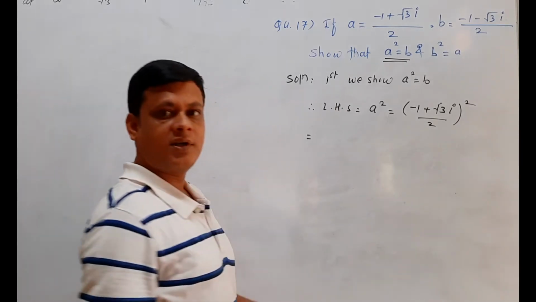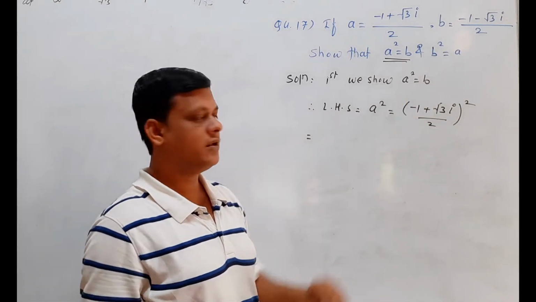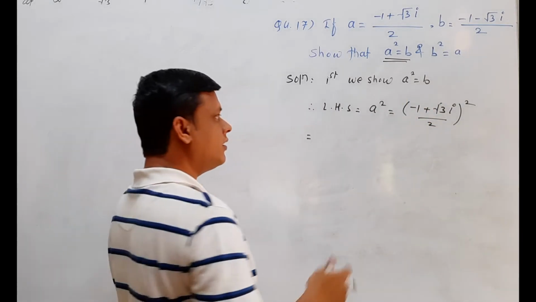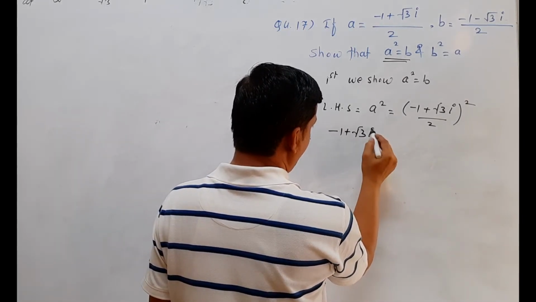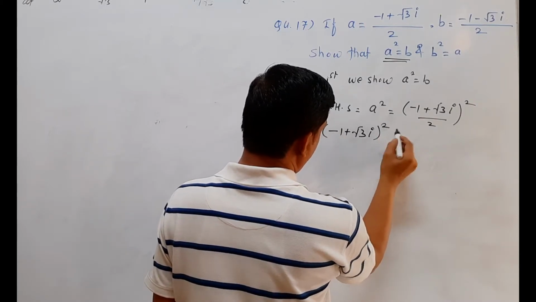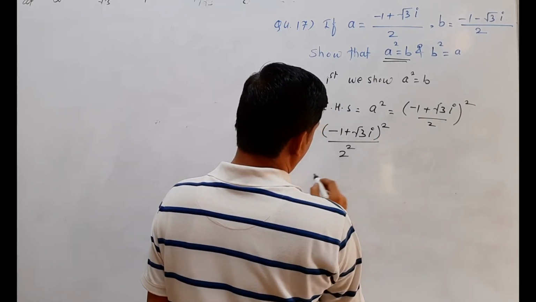So we first separate the square of numerator, separate the square of denominator. So we write here (minus 1 plus root 3i) its square upon 2 square.